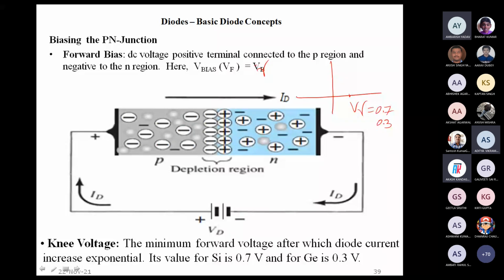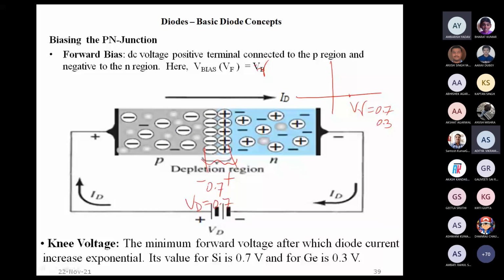So the idea is that due to this internal electric field, we have a potential barrier of this polarity here, say 0.7 volt or 0.3 volt, whatever it is. So we need to apply at least BD equal to 0.7 volt with the opposite polarity.